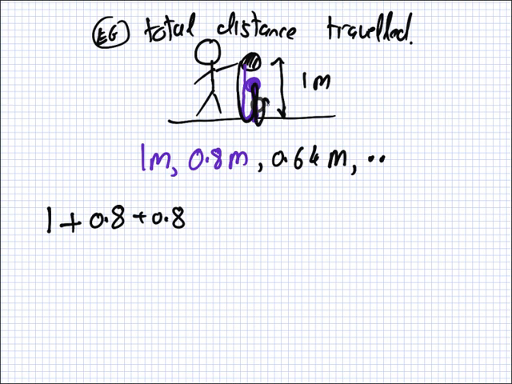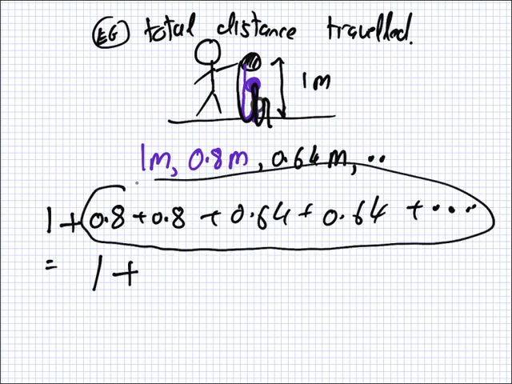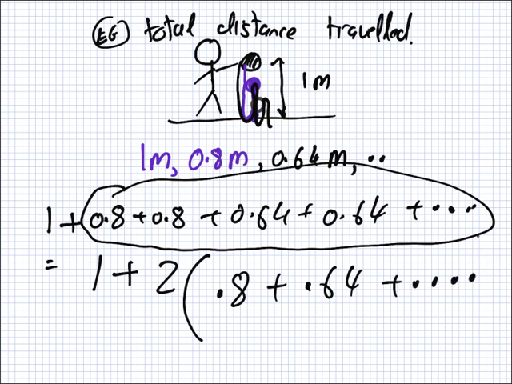Up 0.64, down 0.64. So this is equal to 1 plus, and then can you see these here? They're all double, aren't they? There's 2 of them. So it's 1 plus 2 times (0.8 plus 0.64 plus etc).